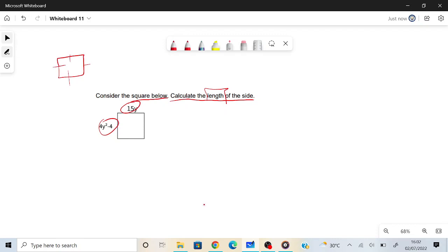So essentially, if this is 4y squared minus 4 and this is 15y, they're basically saying that 4y squared minus 4 is equal to 15y. That's what they're saying, because we know that this length from here to here is the same as the length from here to here.